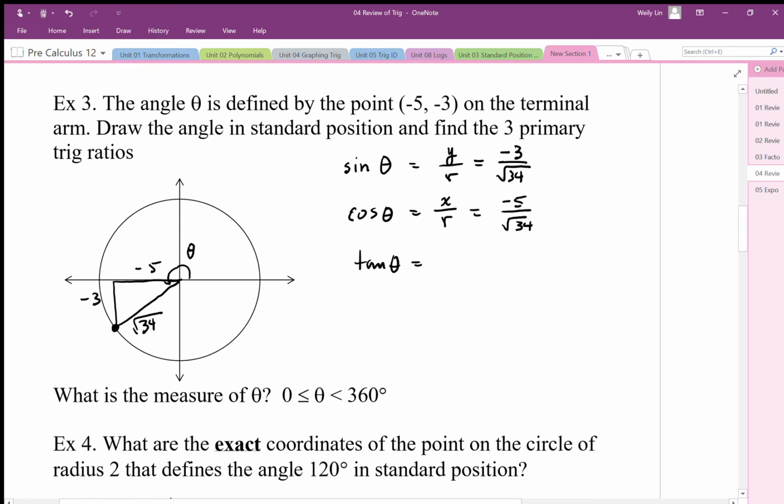And tan is still going to be the slope. In this case, it's sloping in this direction, so that's definitely a positive slope. So we're going to end up with -3 over -5, which works out to be +3 over 5.